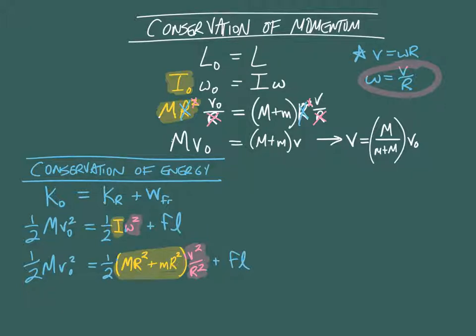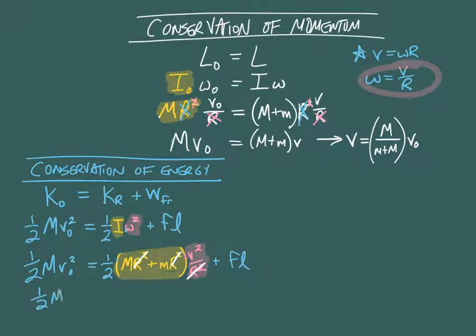Don't want to do too many things at once. Things get out of hand. So I want you to see that this r squared is common to both of those terms, so it literally drops out.